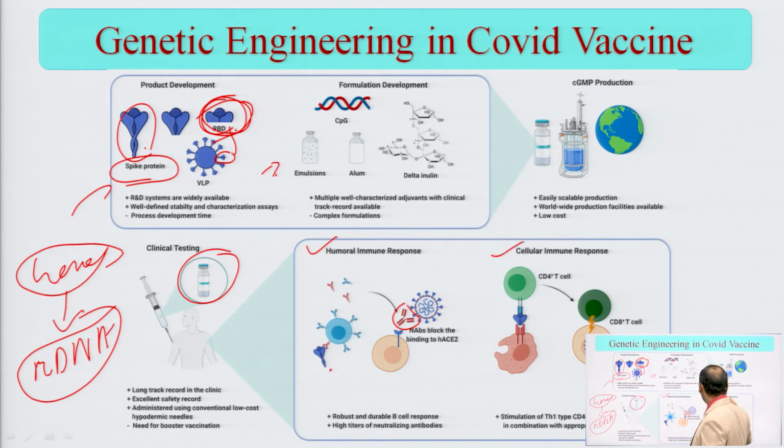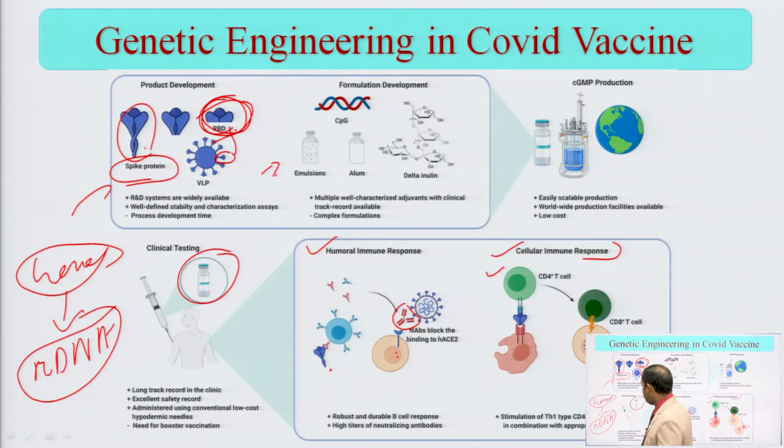You will also observe the cellular immune response, because your CD4 helper T cells and killer T cells will come into the picture, and whatever cells have created some problem will also be destroyed. This is how it works.